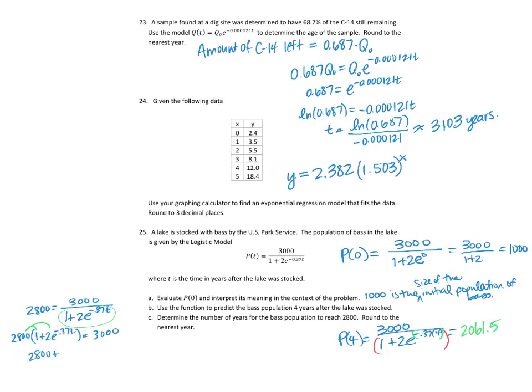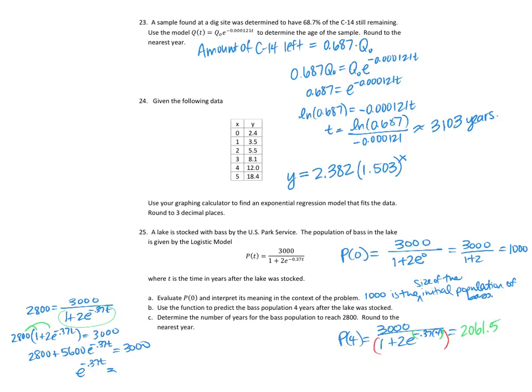2 times 2,800. Then I can subtract the 2,800 and divide by 5,600. Okay, so 3,000 minus 2,800 is 200, and then I divide that by 5,600.